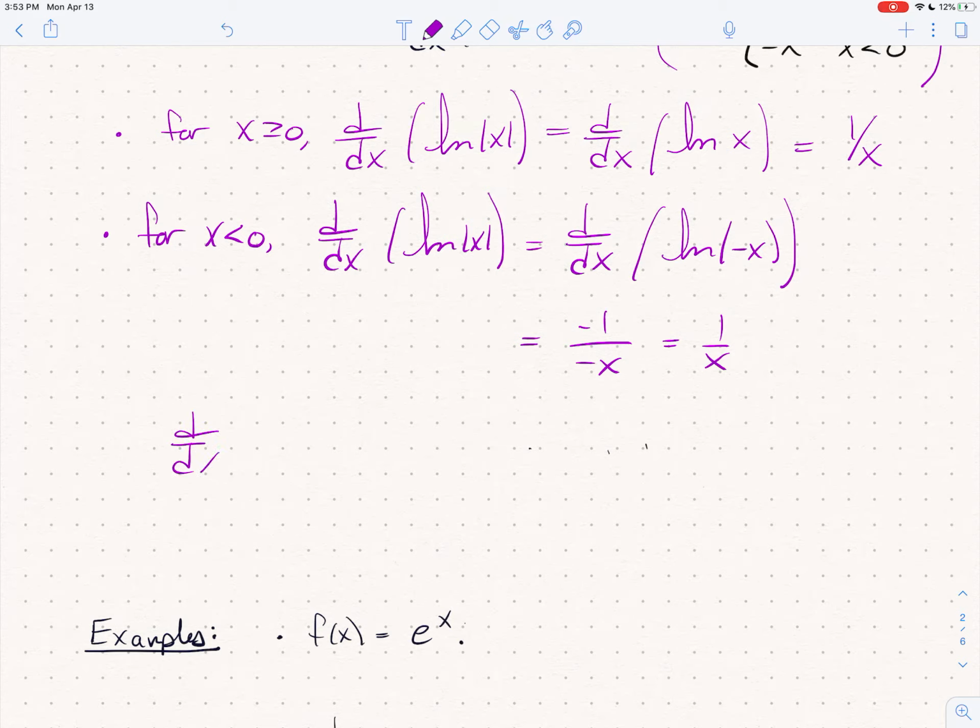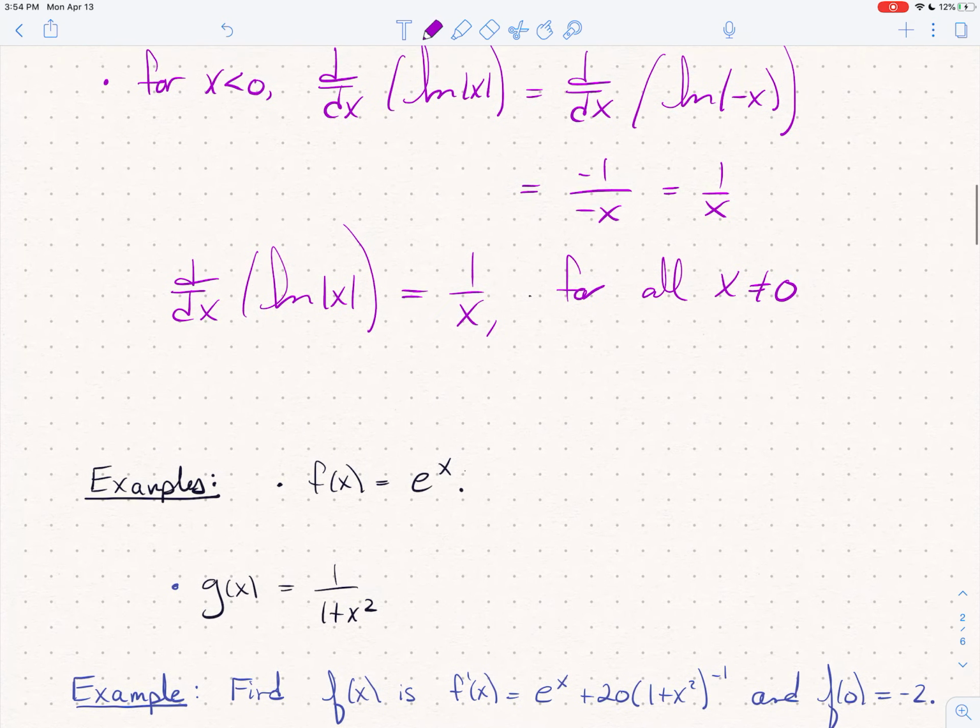And so the point is the derivative of the natural log of the absolute value of x is just 1 over x for all x not equal to 0.